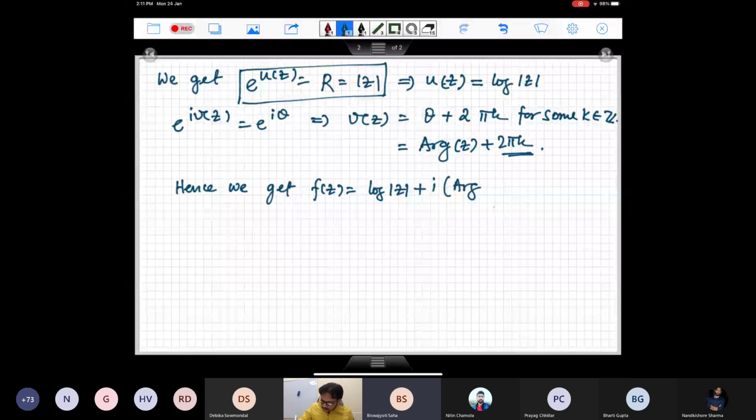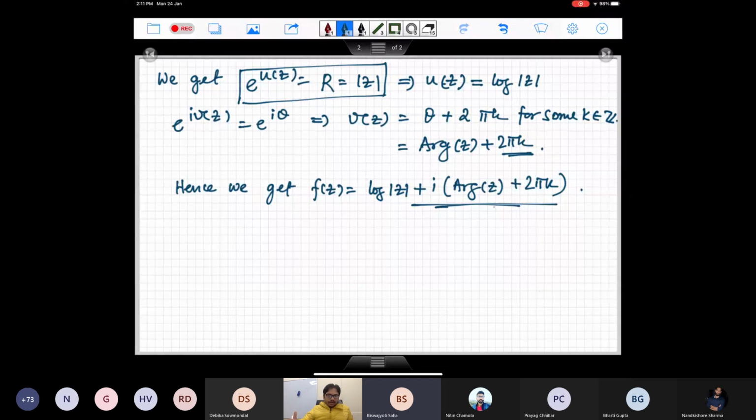So this is the choice that we are getting, and of course you can see that in the imaginary part I have this i times 2 pi k floating around, and this is what we had agreed upon already, that logarithm will have several choices where the translation will be like this kind of thing.